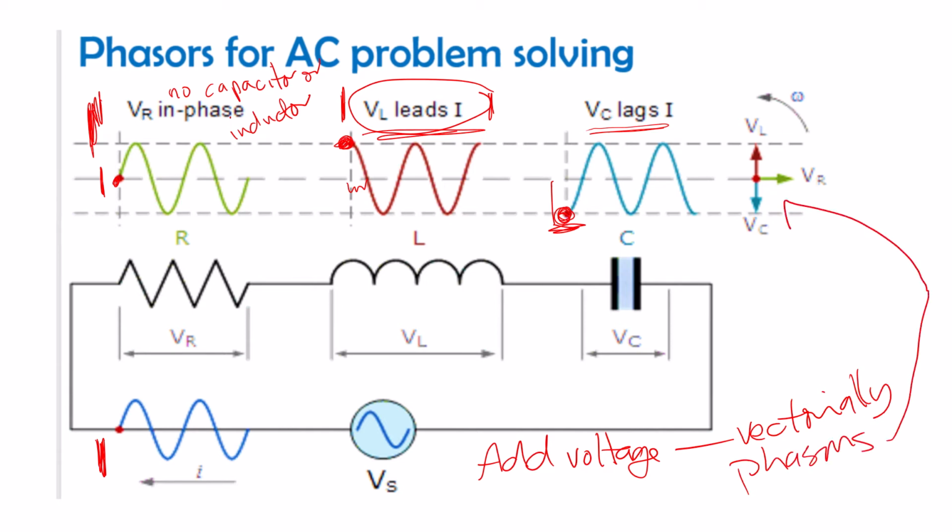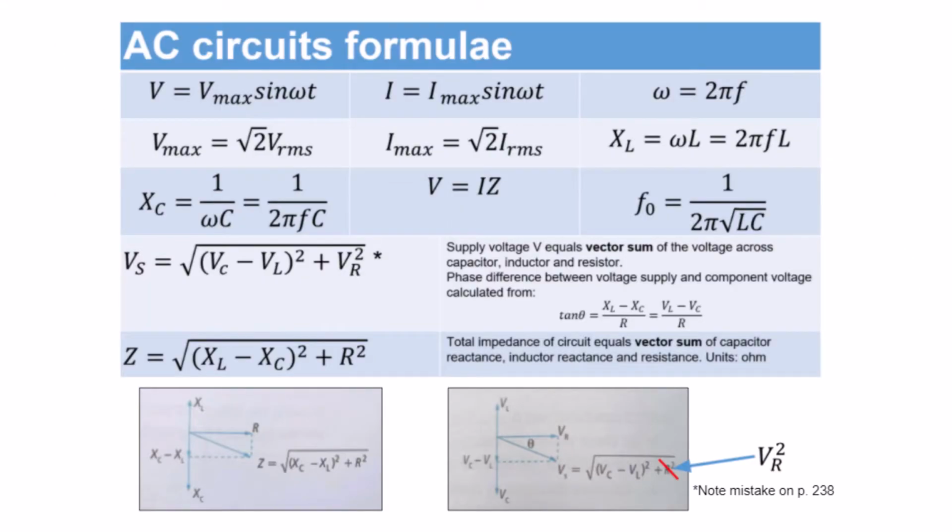And you can see some of the example of phasors right there, where we've got the voltage across the inductor leading the voltage across the resistor by 90 degrees, just as it was over here, and the voltage of the capacitor is lagging behind the voltage across the resistor by 90 degrees, which we can see comparing this and this. So we've got to add them vectorially. That's why we get these equations here, and we'll make a big deal about this in just a second.